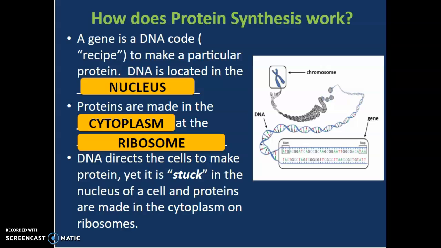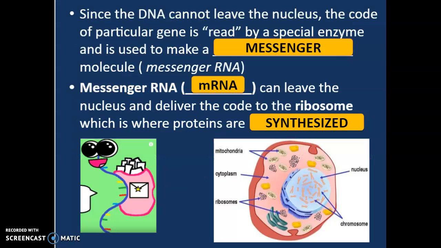So the proteins that are made outside of the nucleus, in the cytoplasm at the ribosome site, need to communicate. So DNA inside of the nucleus has to get information out to the ribosomes to make these proteins.